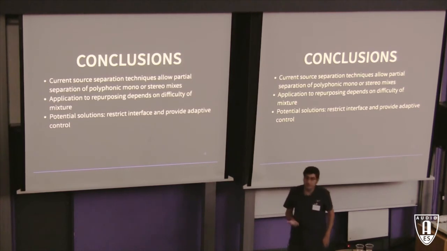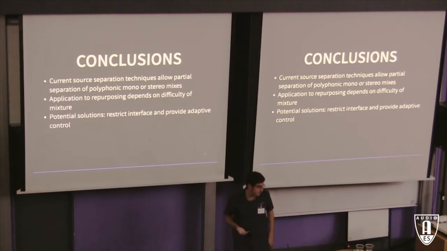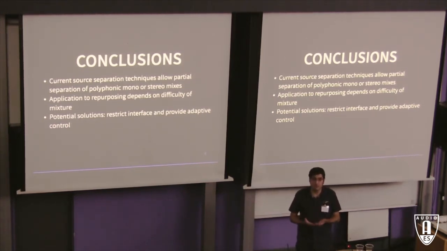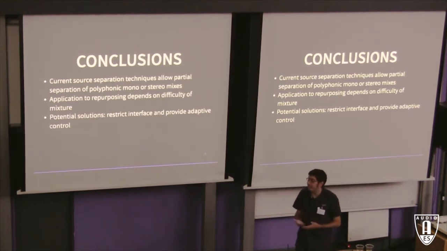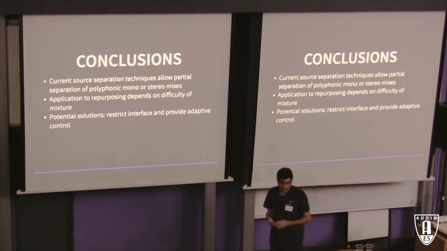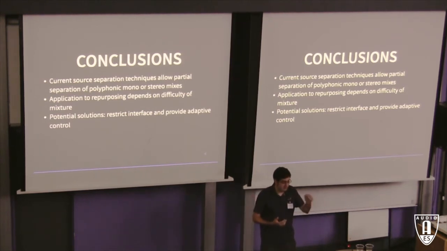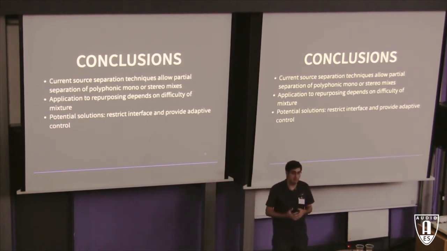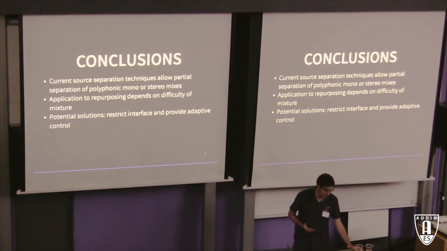The way this performs depends on the difficulty of the mixture. If the mixture has more instruments, if it's more complex, it's going to get more difficult. So what we need to do is to provide tools that can adapt to this somehow. So I'll show you a little bit the mixing interface, where there is this control that originally we thought worked because of the other category, which we didn't try to model, but it also works very well for adapting to the difficulty of the mixture.